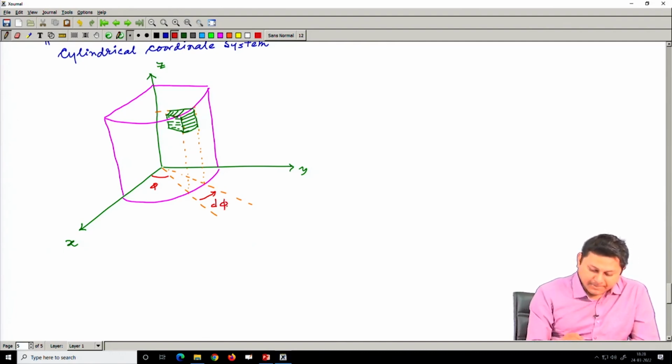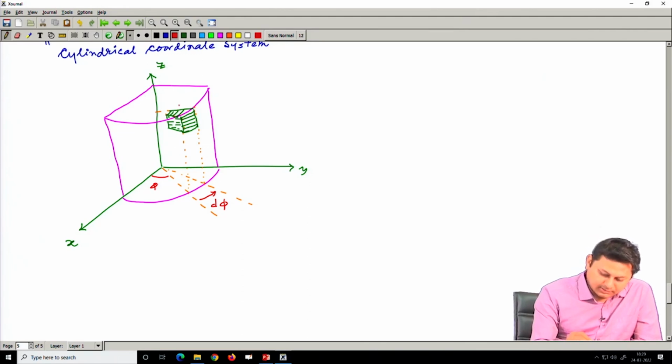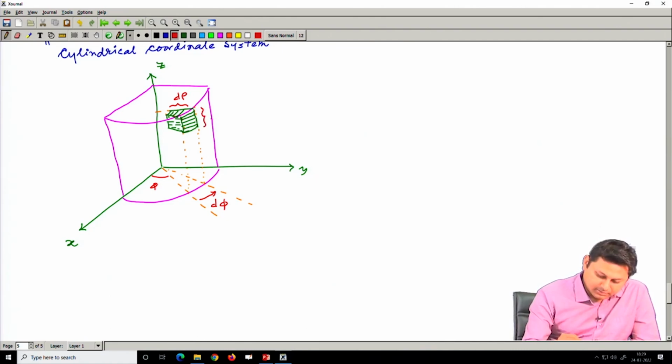And from here to here, this is my d rho, and this slight increment is dz. Okay. So what is this value, from here to here? Since I am having this arc and this is rho, it is simply rho d phi.